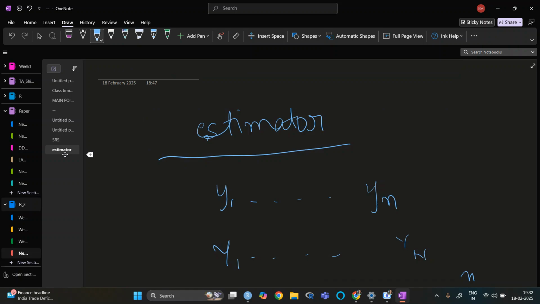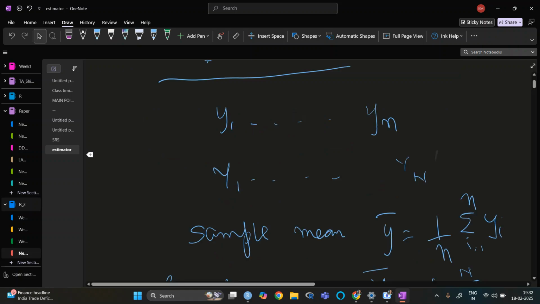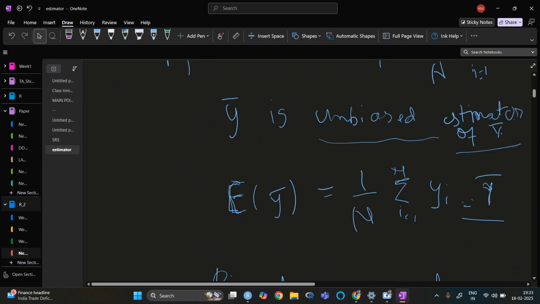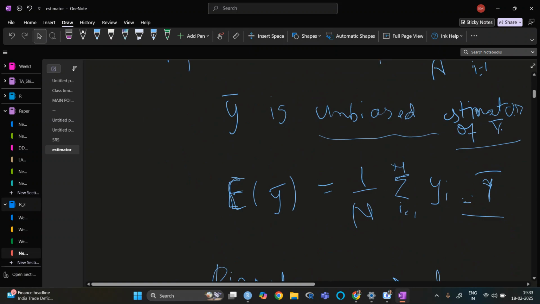Okay. If we have a look at the sample mean and population mean, we say that the expectation of y bar is 1 upon all the possible samples, divided by the population, and then the summation of all yi.